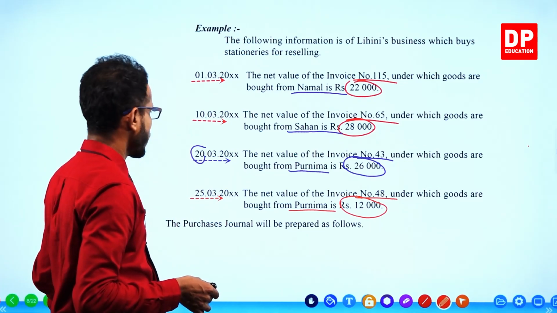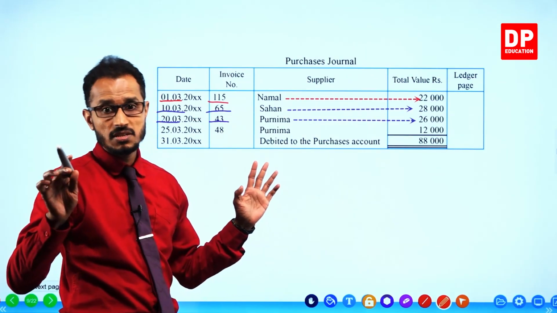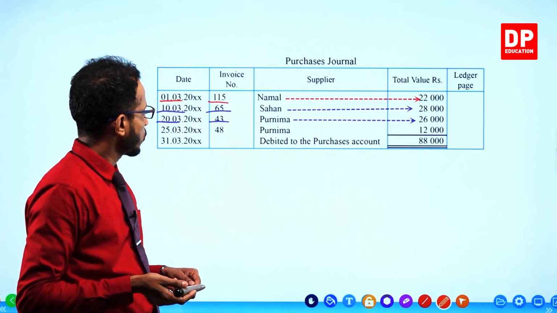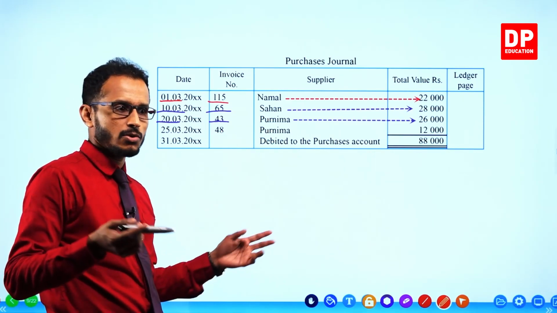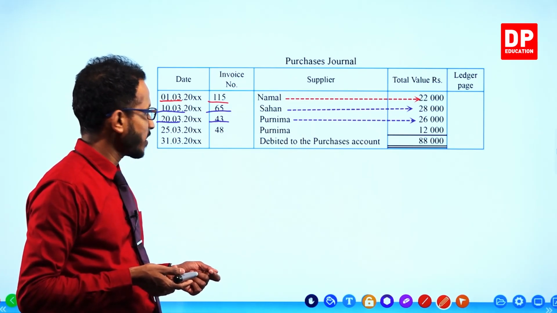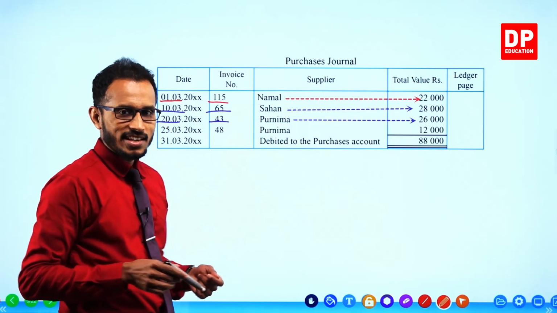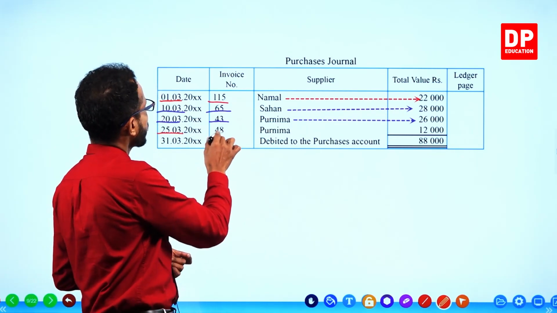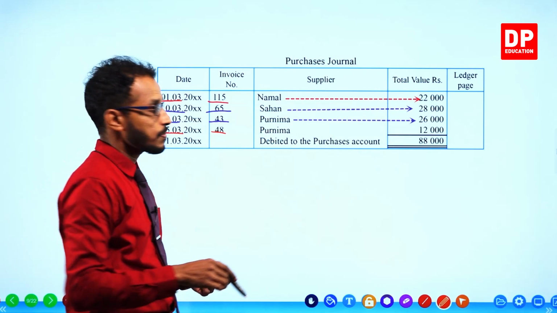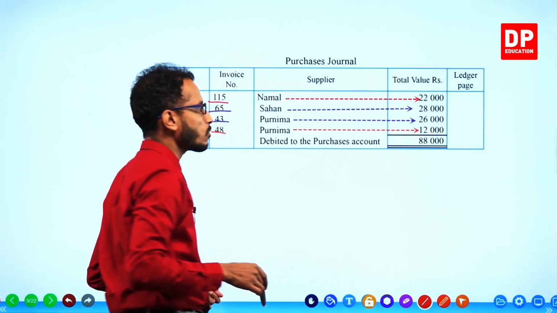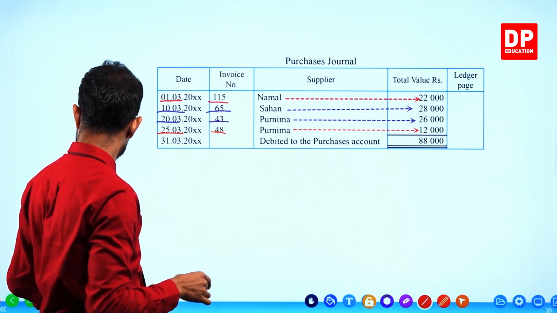That's why I used another color, because Purnima is the same supplier, but we have bought two times from Purnima. Purnima must be a good businessman, right? Buying more and more from Purnima. 25th of the month, invoice number 48, Purnima, 12,000 worth of goods.